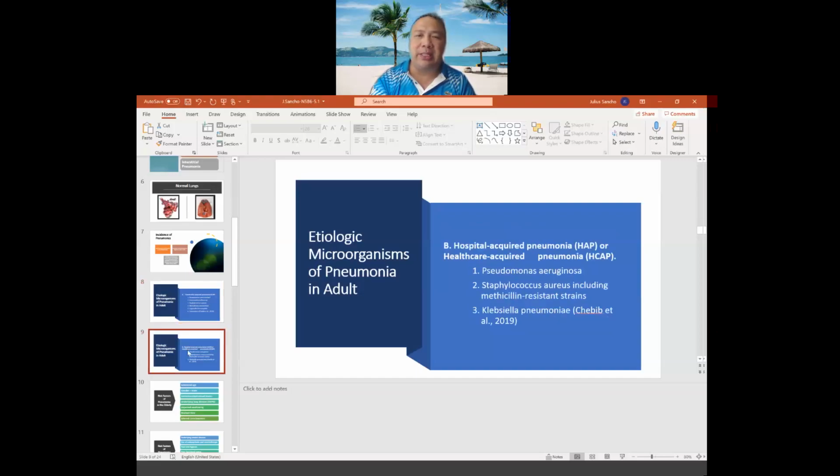But what about hospital acquired pneumonia or healthcare acquired pneumonia, which is your nursing home? The most common causative agents there, guys, are Pseudomonas aeruginosa, Staphylococcus, especially MRSA, and also Klebsiella pneumoniae.